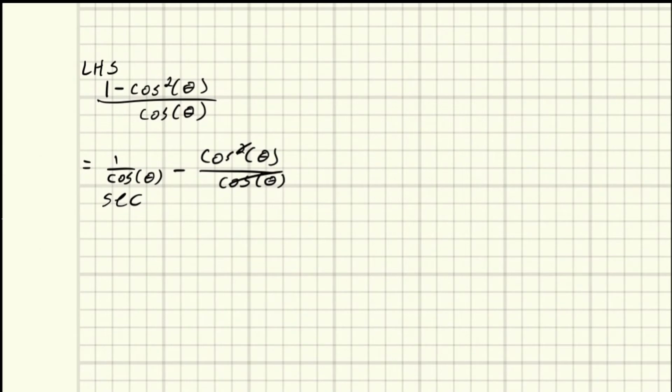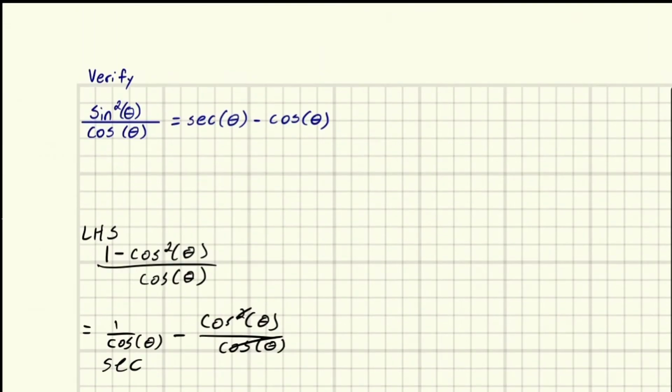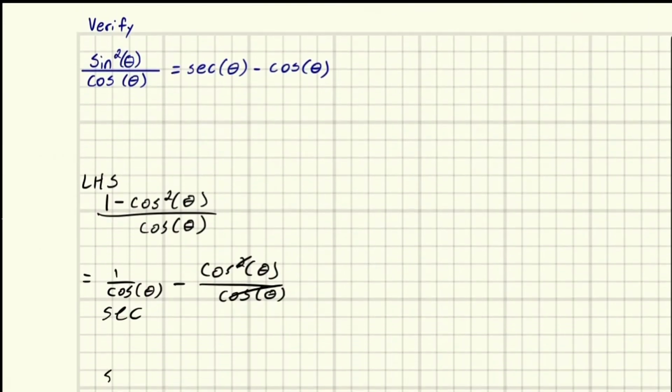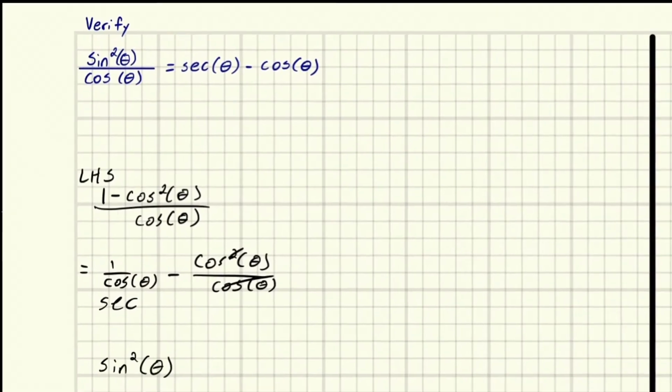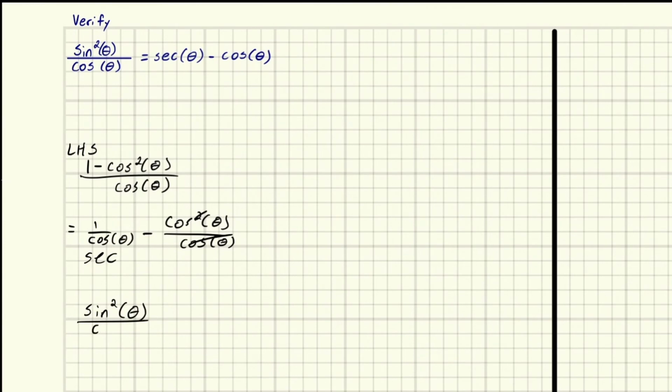To write out the formal proof, we start with our beginning, which is sine squared theta over cosine theta equals secant theta minus cosine theta.